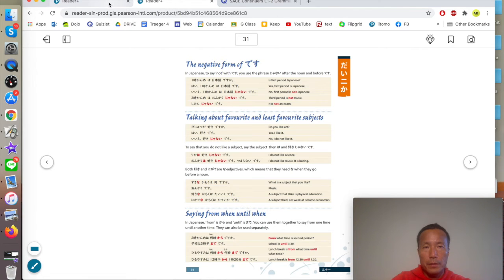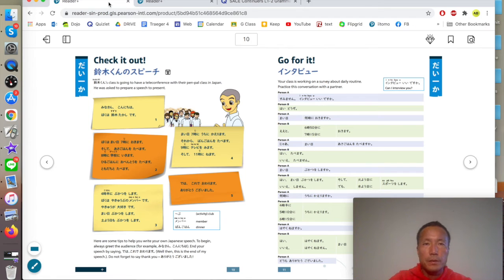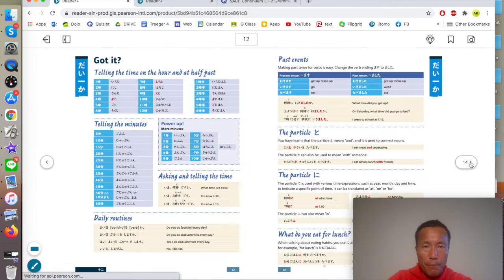Now, I just realized I flipped the order, so I explained lesson 2 first. My apology, but let's go back to lesson 1, which should be easier. In lesson 1, you have learned how to say the time. 1時、2時、3時、4時.